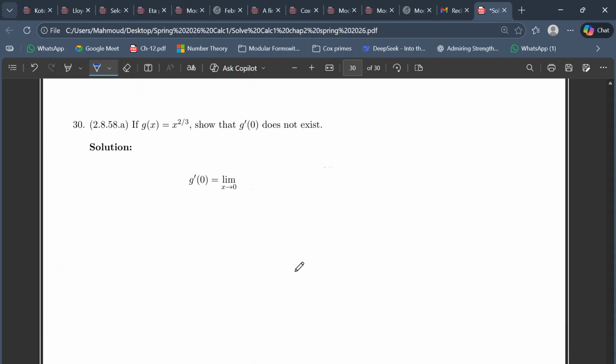Who wants to solve this one? Do you want to solve it? You? No. Do you want to solve it?